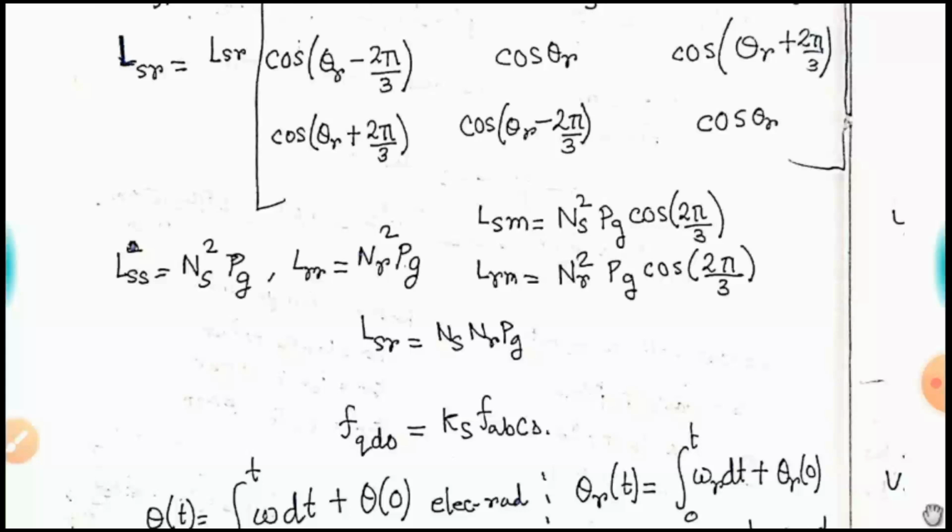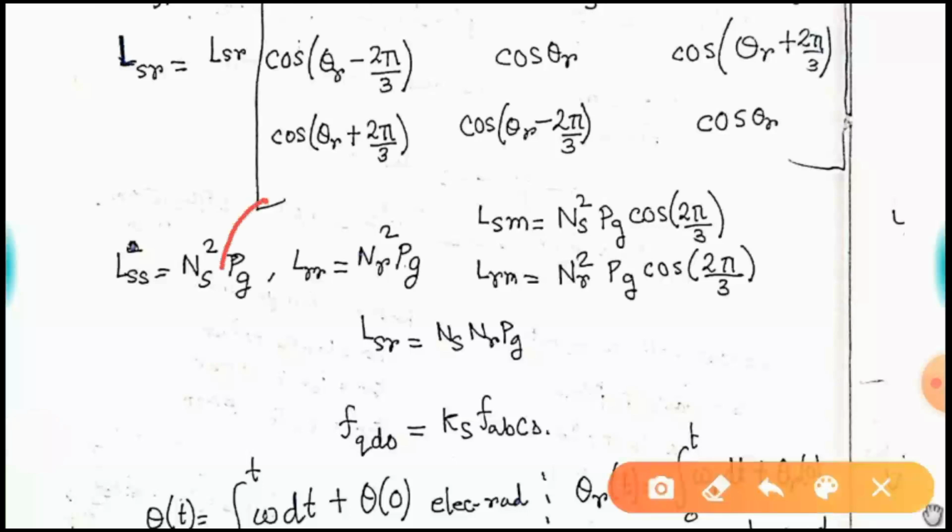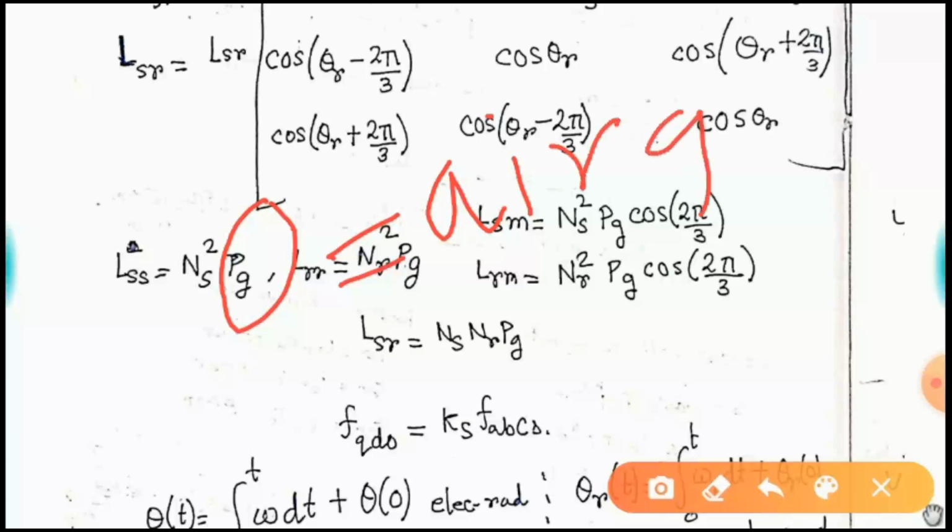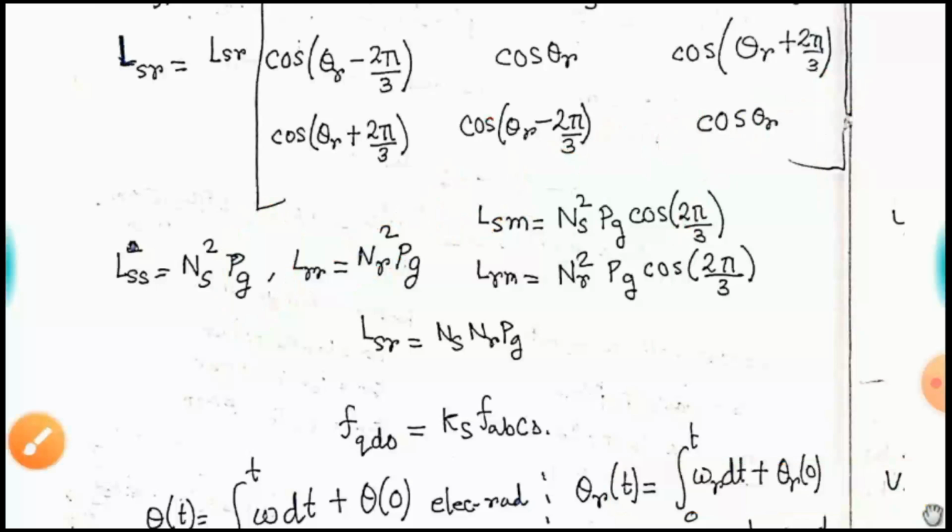So LSS is the self inductance of all the three phases. These are NS squared PG, where NS is your stator number of turns, and this PG is the air gap, right? As this case is symmetrical, so there is no need to... no, sorry, I made a mistake.